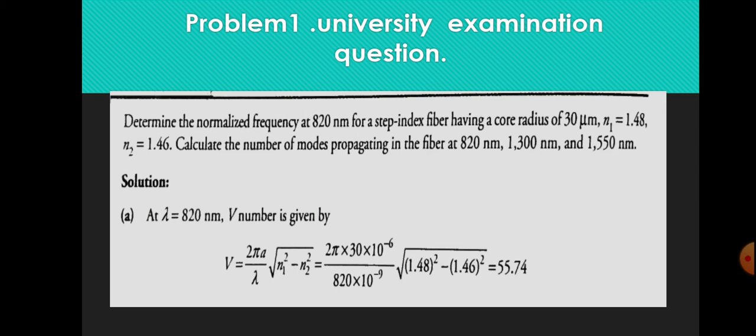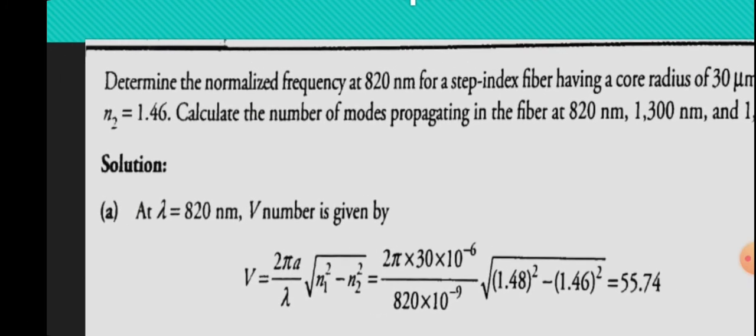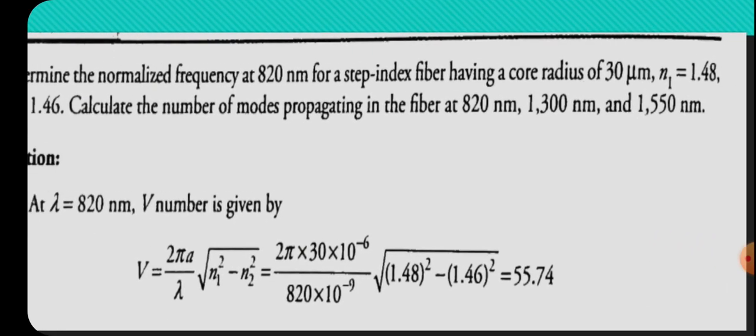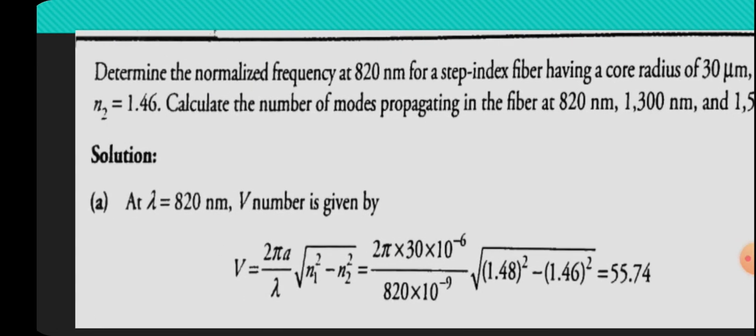So first of all, you should remember the equation for normalized frequency. You know that normalized frequency is also called the V number, and it has the equation V equal to 2 pi a by lambda into square root of n1 square minus n2 square. That is the equation, so you can directly substitute the values. You are given n1 as 1.480 and n2 as 1.46, and lambda is also given.